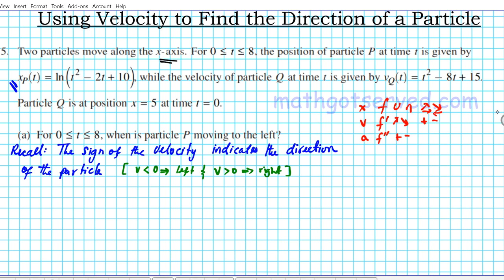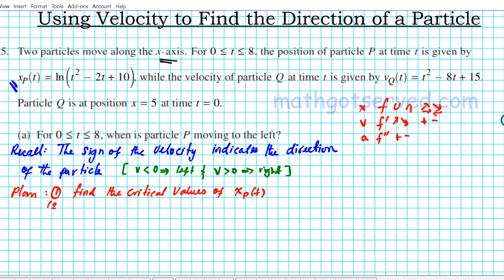Alrighty, let's formulate our plan of attack, and then we're going to solve this problem. First things first, we want to figure out the points where the velocity changes sign, and those are known as our critical values. The critical values of the position function are where its velocity is 0 or non-existent.